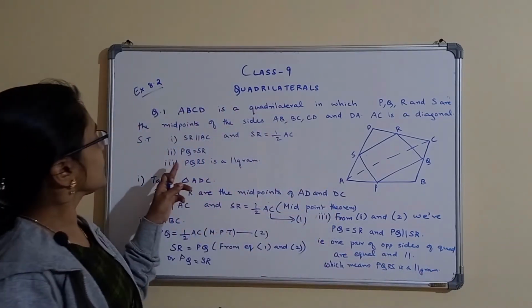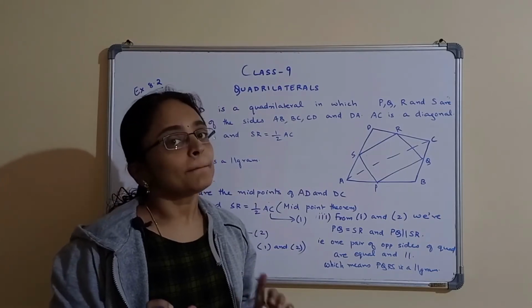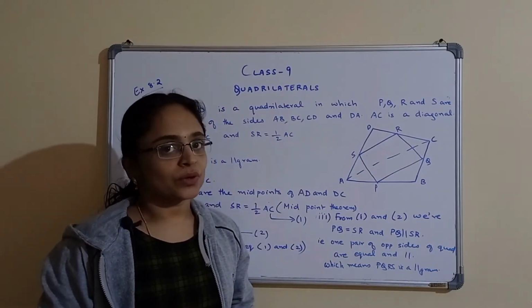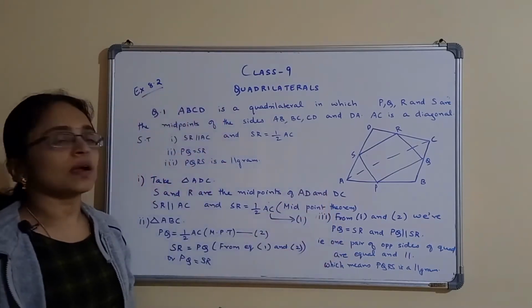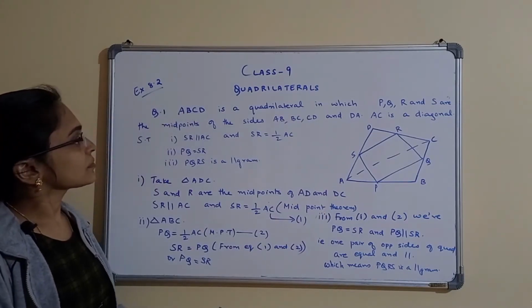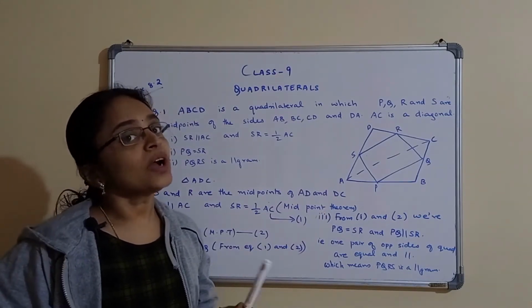Okay, so we have proved the third part also, that is PQRS is a parallelogram. Understood? You can note this down if you want. Just pause the video and note this down.